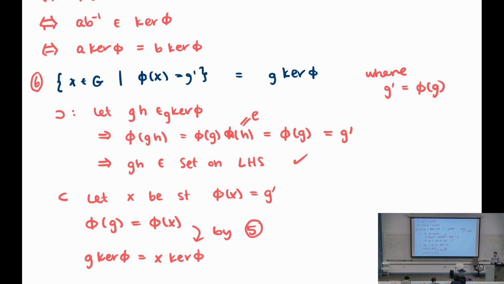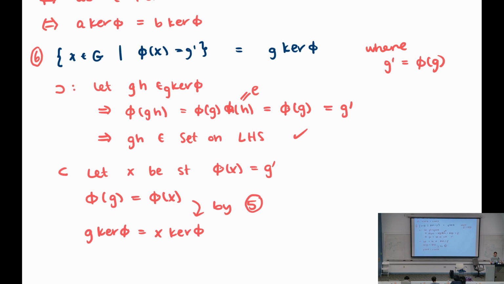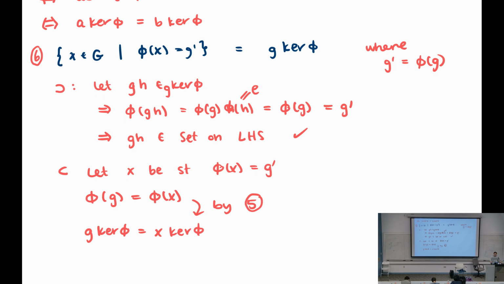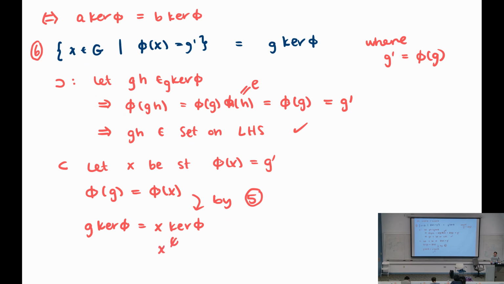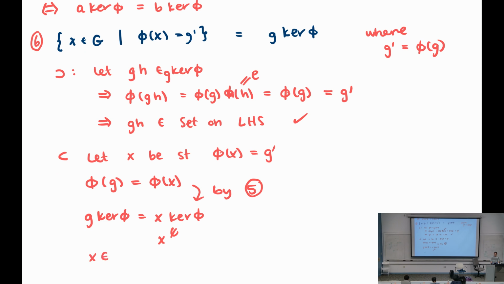So those two cosets are equal. And so since x is an element of this set, that means that x is also an element of g ker phi. Okay, are there questions?